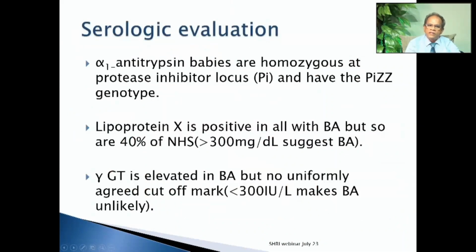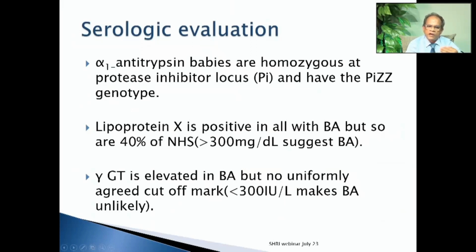So what is the serological evaluation of these babies with obstructive jaundice? You can do an alpha-1 antitrypsin level, and if they are homozygous at the protease PI locus, then you can confirm alpha-1 antitrypsin deficiency. Also, lipoprotein X is positive in all babies with biliary atresia, but it's also present in a small proportion of neonatal hepatitis syndrome.